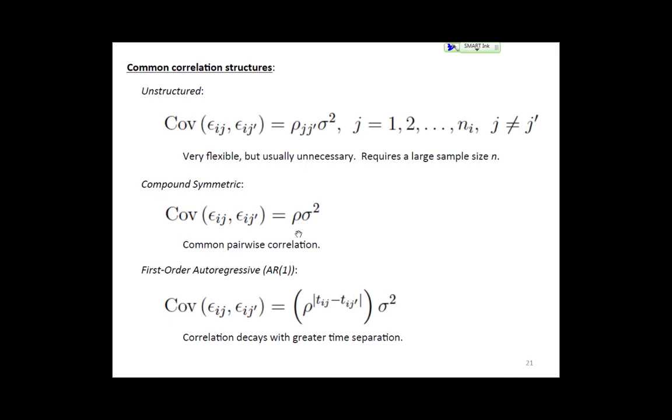So you cut down a lot on the number of parameters that had to be estimated. Unstructured is, if you had a big enough sample size, arguably what you would want to do, because you didn't have to make any assumptions or any claims. Everything's allowed to have its own correlation. It's just that that's a lot of extra parameters that had to be estimated, especially if there are a lot of time points.